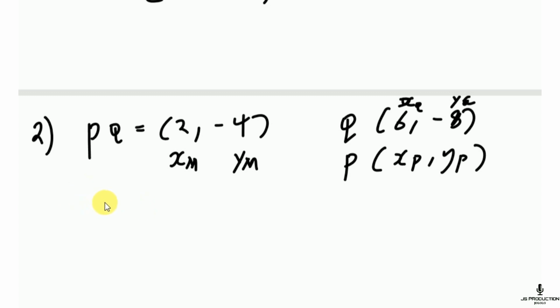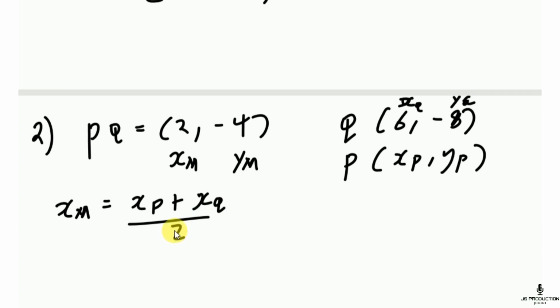The formula for calculating xm is: xm is equal to xp plus xq divided by 2.